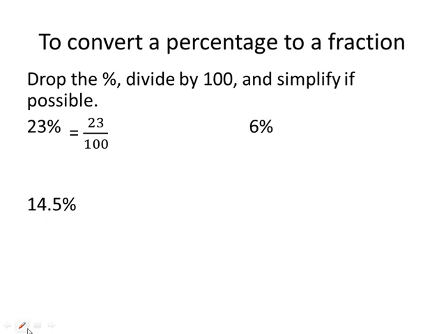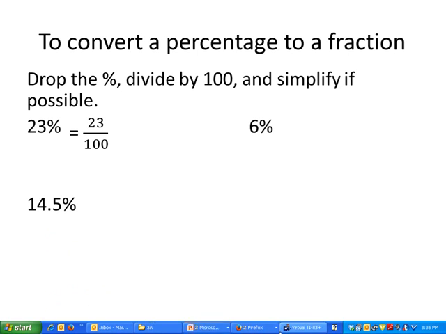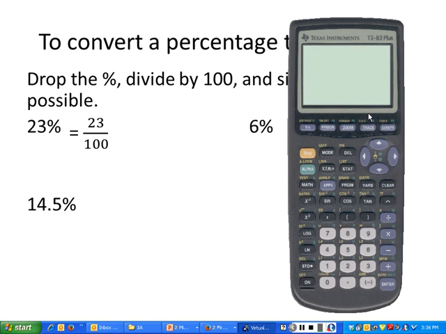Well, if we can get our calculator, we can. There we go. Turn the calculator on. Now we type it in, 23 divided by 100, and even the calculator makes it look like a fraction. To have it reduce the fraction, not just change it to a decimal, we hit the math key, and notice the first thing that's highlighted is to frac.